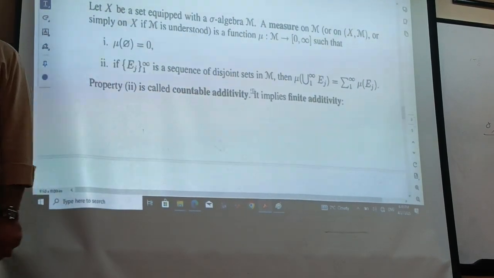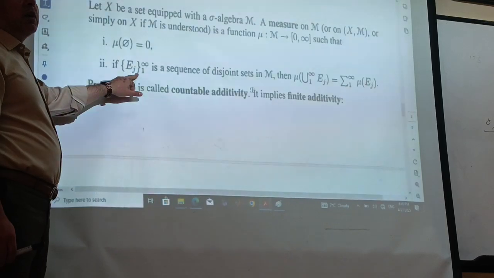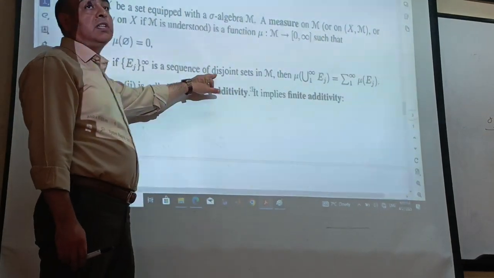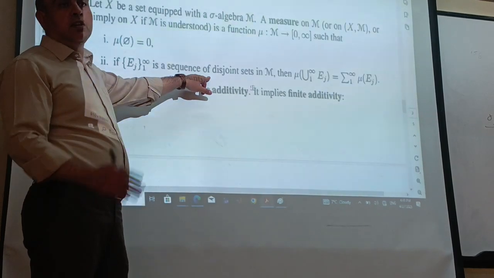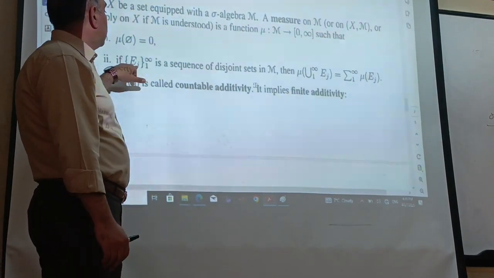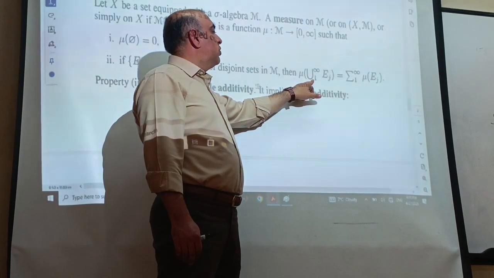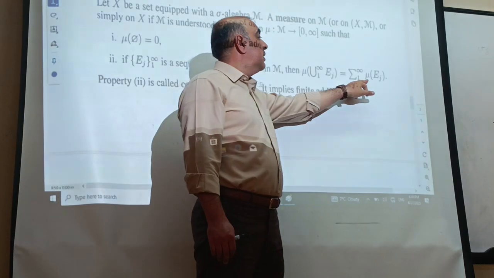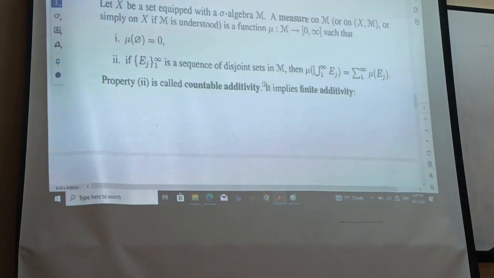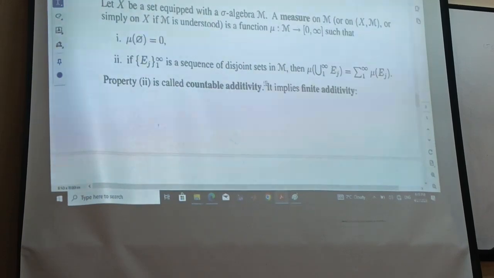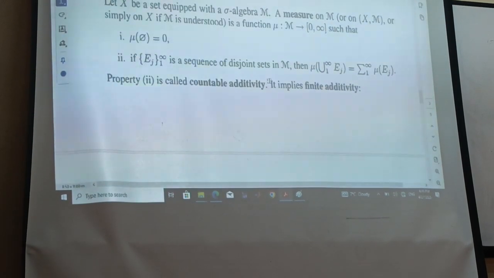Two, if Ej, j from 1 to infinity, is a sequence of disjoint sets in M, then mu of the union of Ej is equal to the summation of mu of Ej from 1 to infinity. Disjoint means غير متصل, مجزا جدا از هم. Summation, sigma, مجموع.